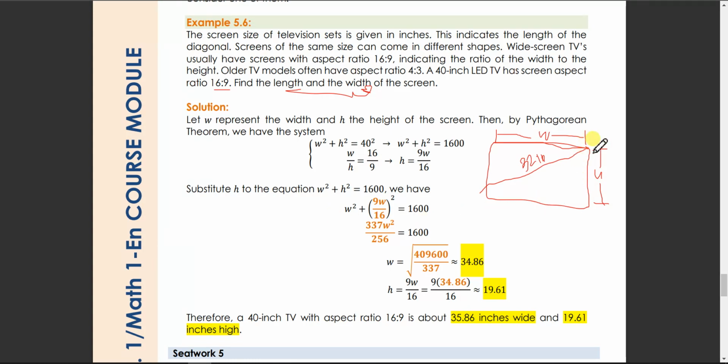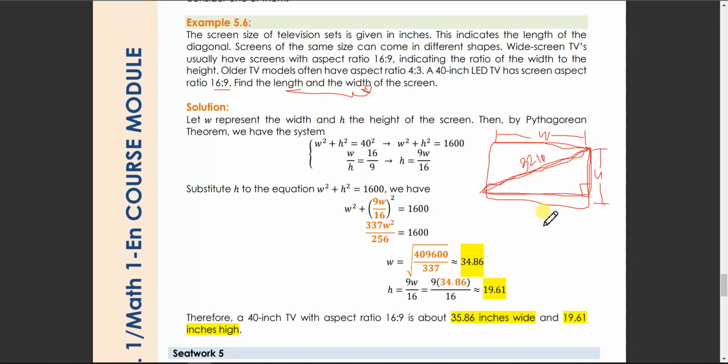So sa TV, kung naka diagonal, kani nga diagonal will pass sa center sa imong TV. So it will form a right triangle. So meaning you can use the Pythagorean theorem as one of your equations. So this is 90 degrees.